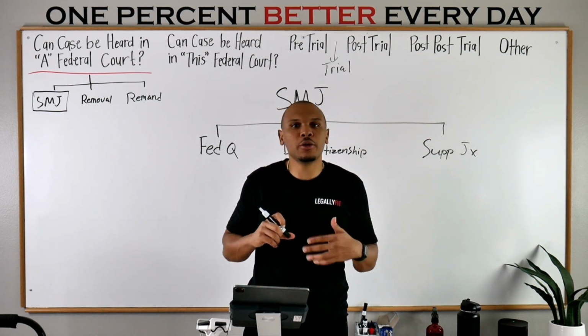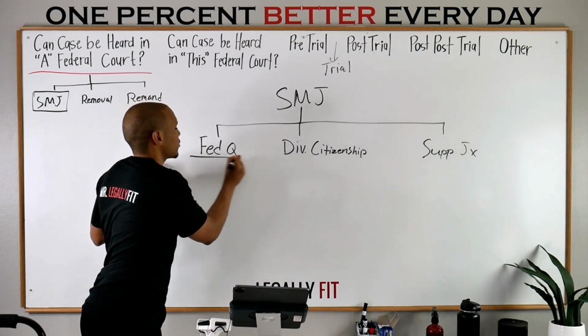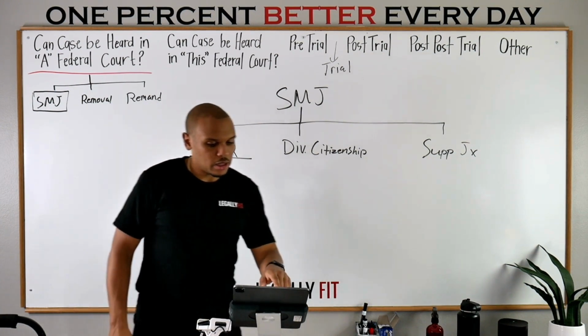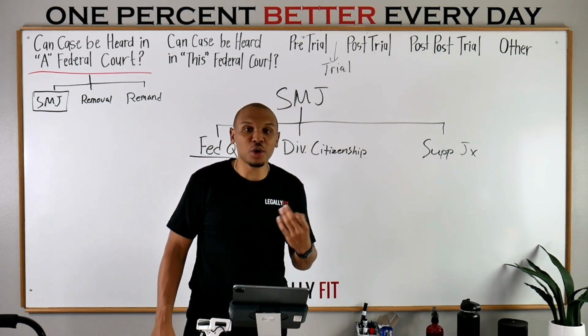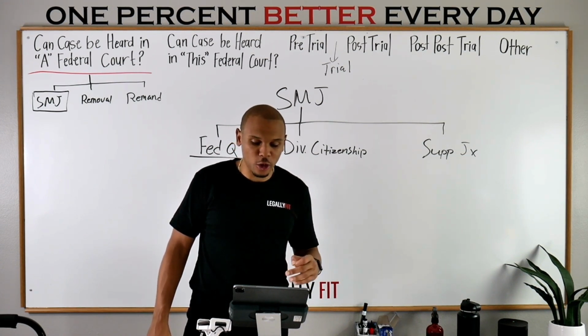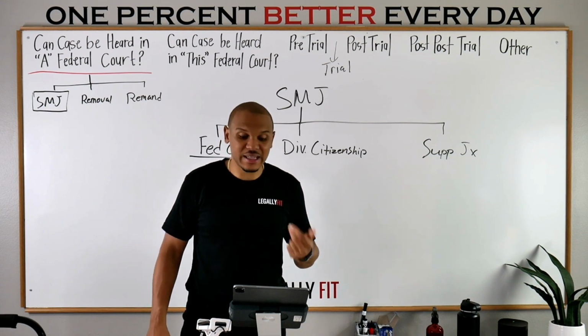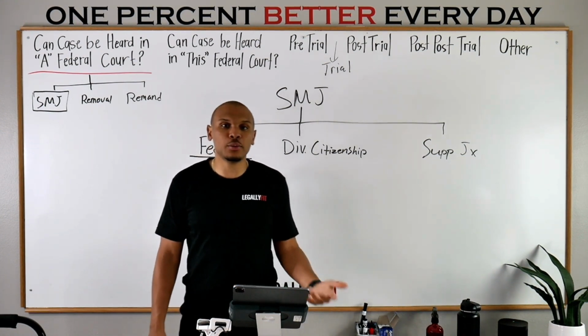Now we just need to learn how cases come in under each of these. Federal question is first. This one is straightforward and simple. Let's go ahead and read it. Federal jurisdiction is met when the lawsuit arises under federal law, the U.S. Constitution, federal law, treaties, etc. Okay? And then we also have the well-pleaded complaint rule here.